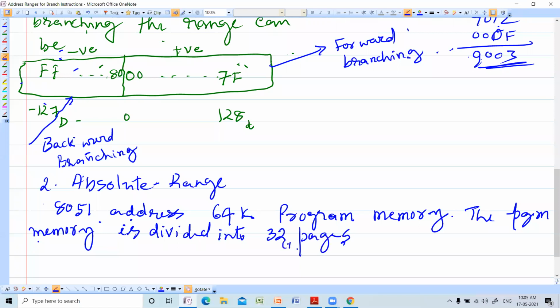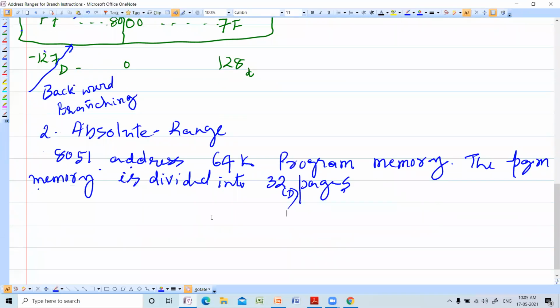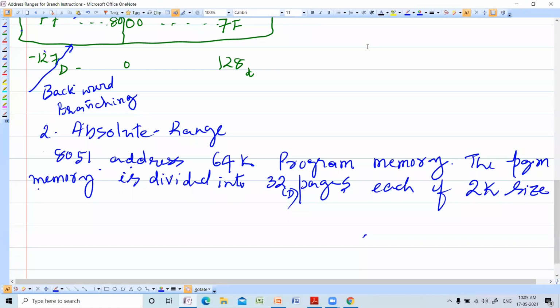If I write 32, this is a decimal number. 32 pages, each of 2K size.